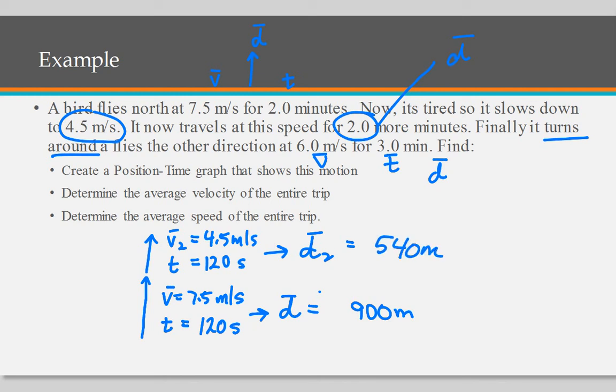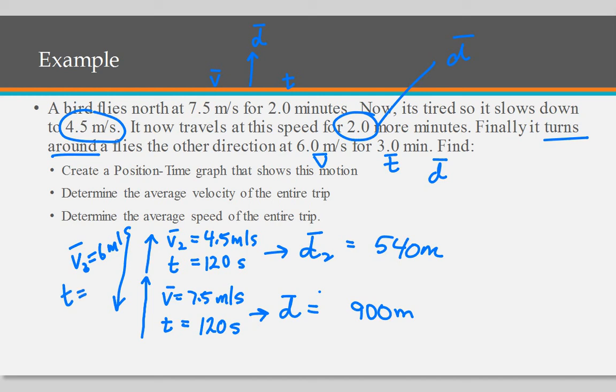Now, because you're a strong reader, the next vector is drawn which way? South. Now, I didn't know it was originally going north. I just picked a direction, and then I just have to go the opposite direction. So 6 meters per second, this time for 3 minutes.